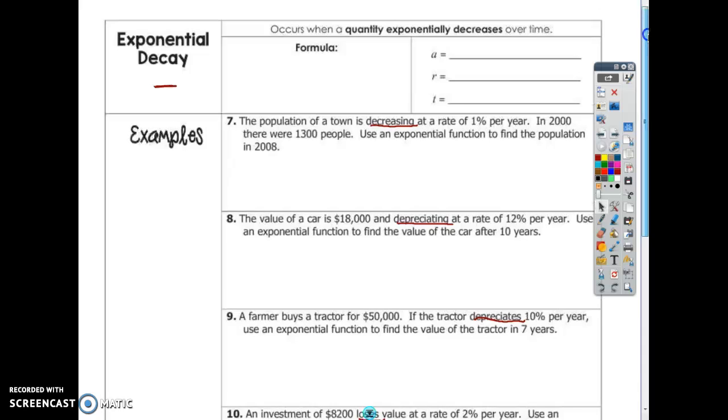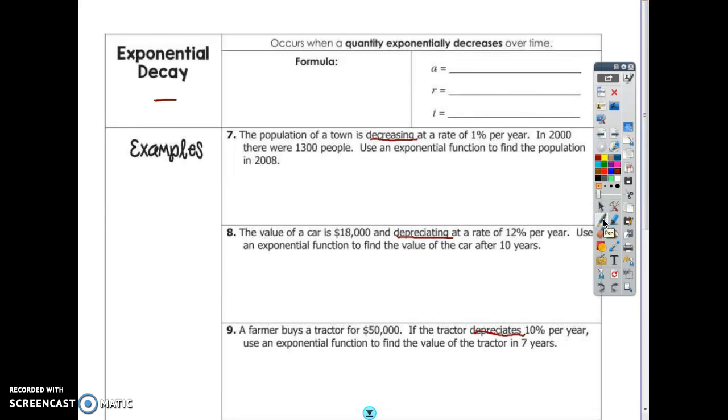So let's go up here. We're going to have the same exact thing. A is your starting or your initial value, con lo que comienzas. R is the rate. That's the percent turned to a decimal. So percent to decimal.